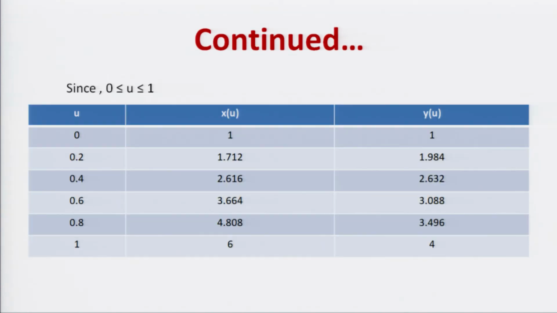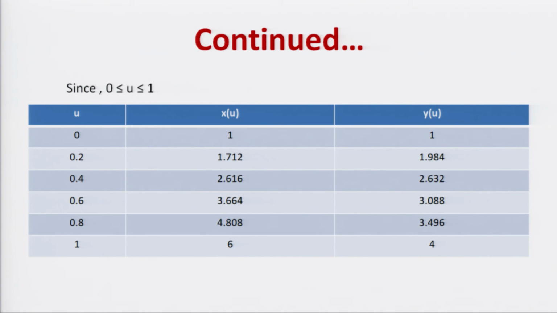In the graph table we can also see the anchor points. This is the starting point, it comes out to be 1 comma 1 as A was 1 comma 1, and D point was 6 comma 4, and after putting into the equation it also comes out to be 6 comma 4, and the intermediate points which were handles come out different.